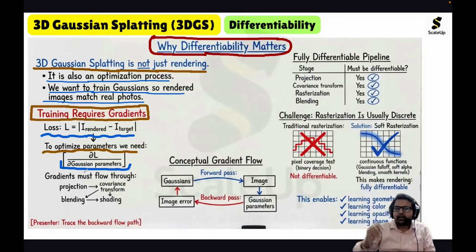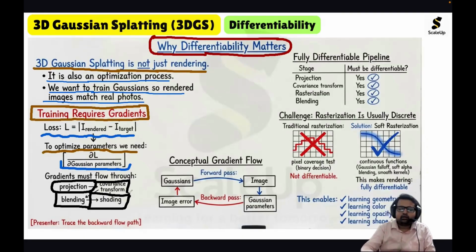Now these gradients will flow through projection, covariance transform, blending, and shading. The idea is that when we tweak the parameters, the effect of it will flow through these steps. We already discussed the rendering pipeline; we start with 3D Gaussians.